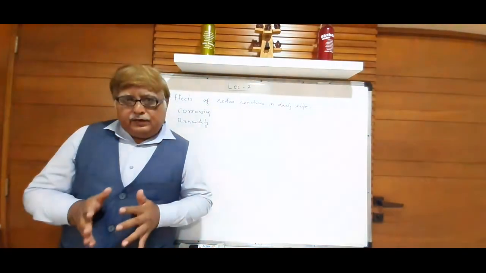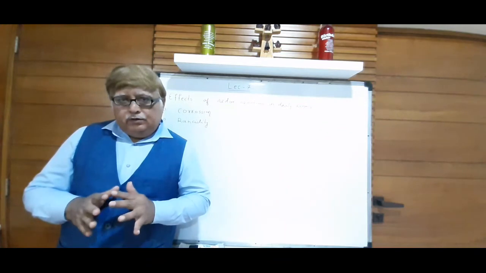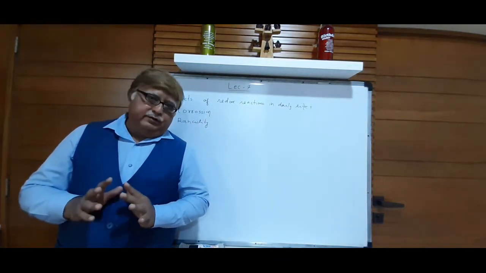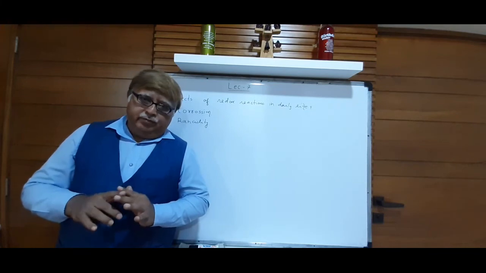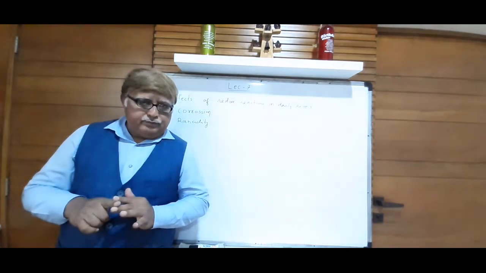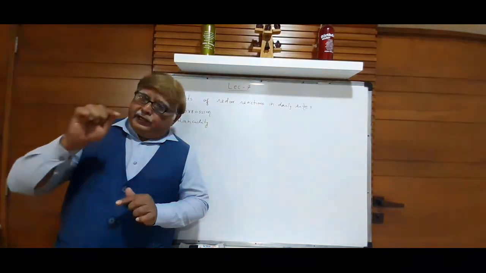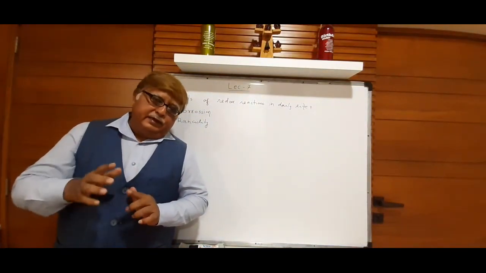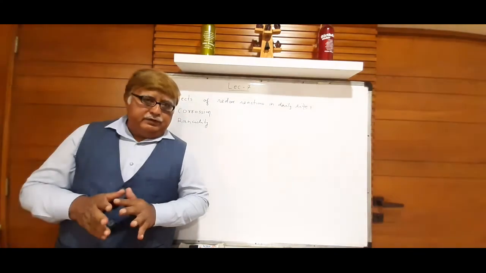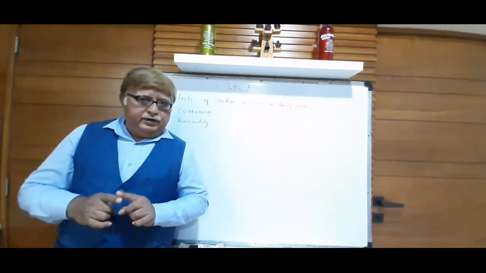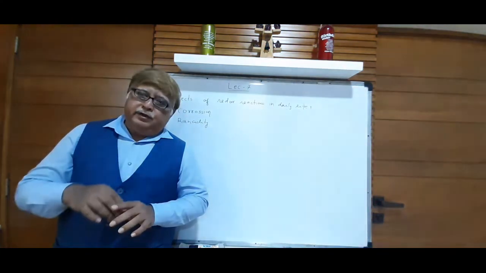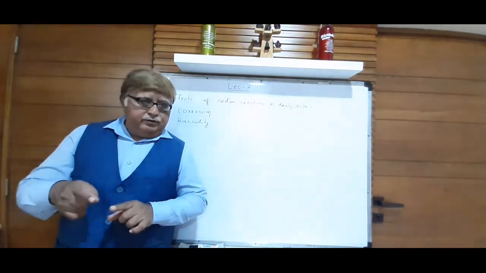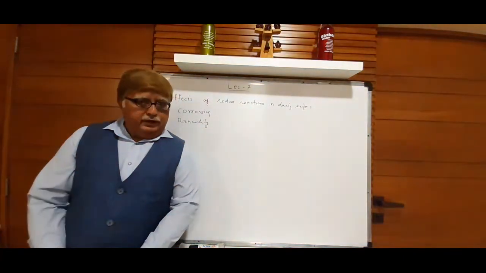An element X turns blackish when exposed to air. Name the element X and name the black colored coating depositing on that element. You understood the question? Name the element X and also name the black colored coating depositing on it. So that is today's question number 8.